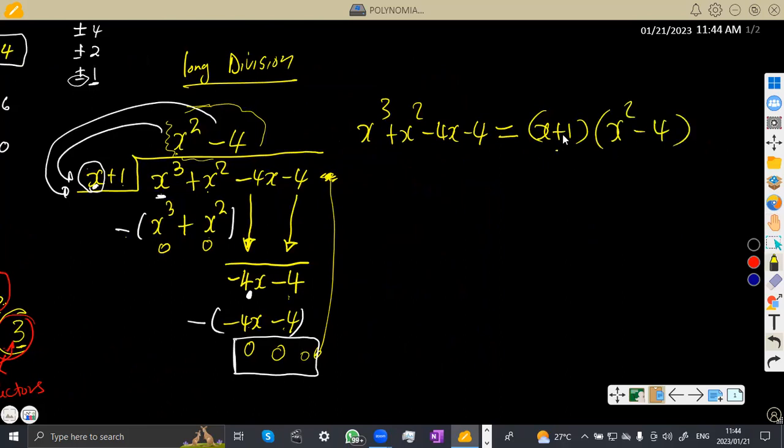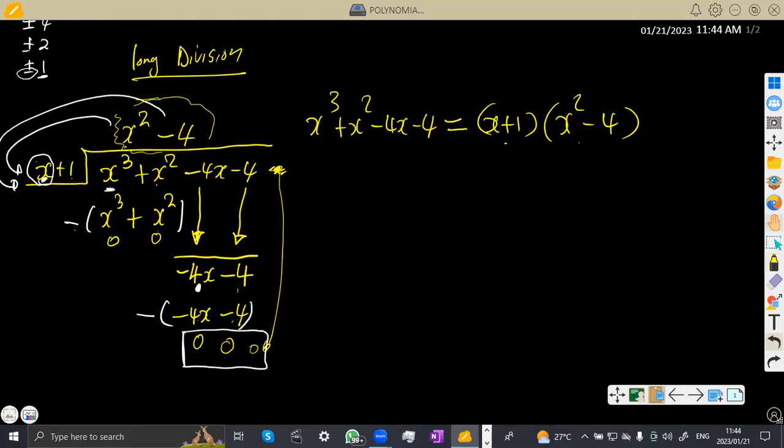A factor multiplied by another factor from the division gives you the original expression. So if we factorize, all this is going to give us x plus 1 into x squared minus 4.